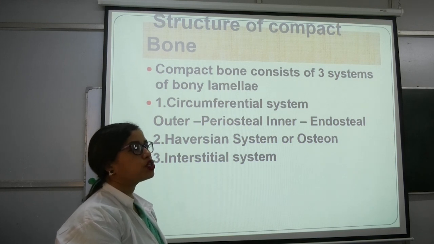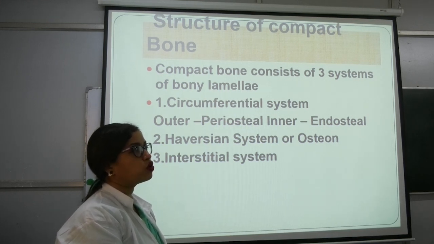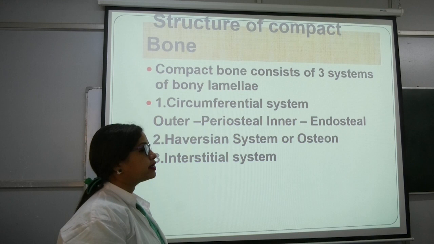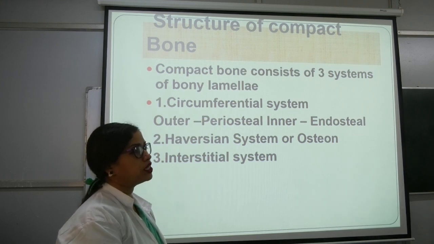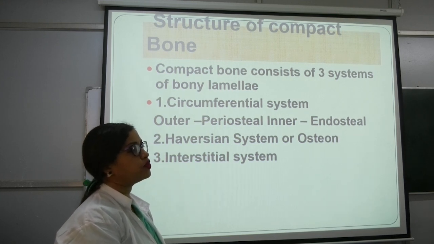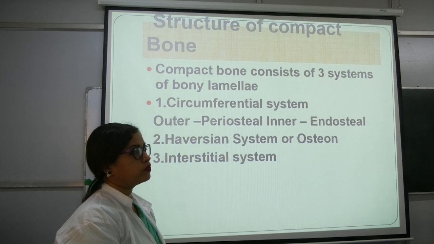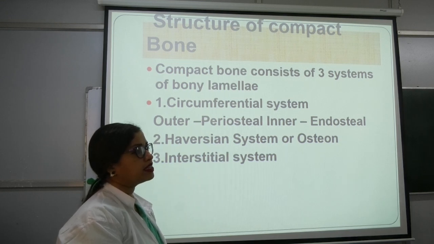So what is the unit of a bone? That is known as osteon, which is nothing but the Haversian system. And the third one is the interstitial system. So these are the three systems you will get in compact bone. Very easy.